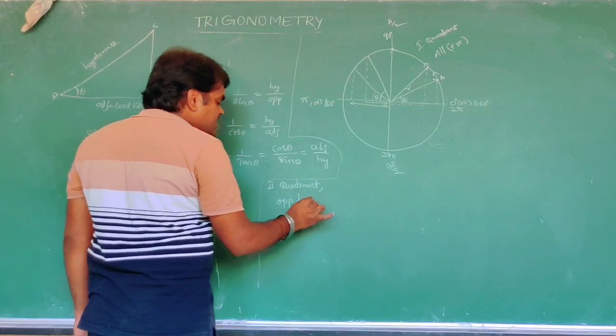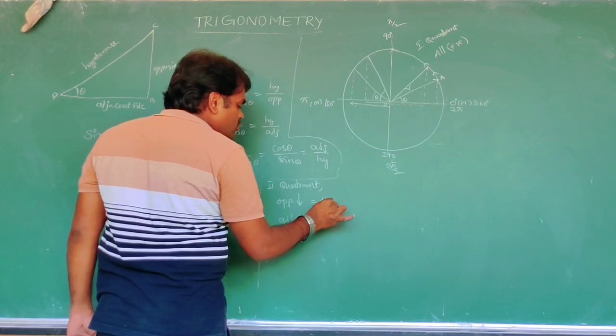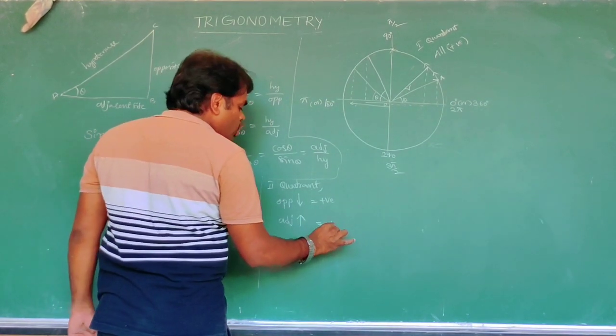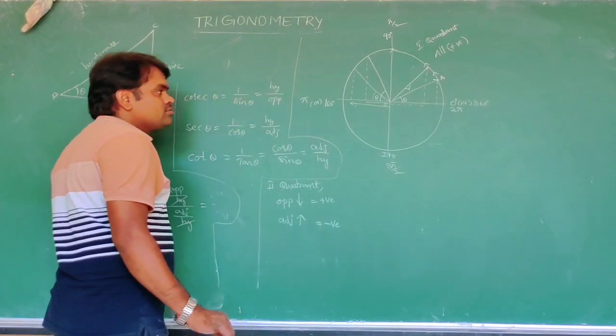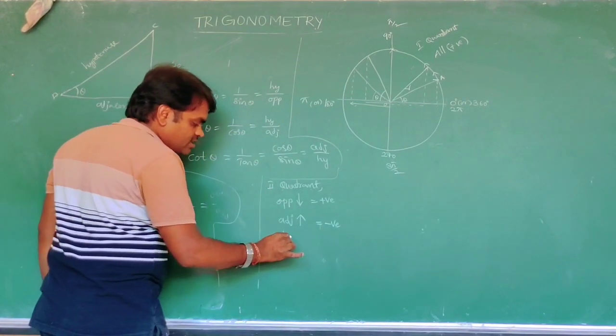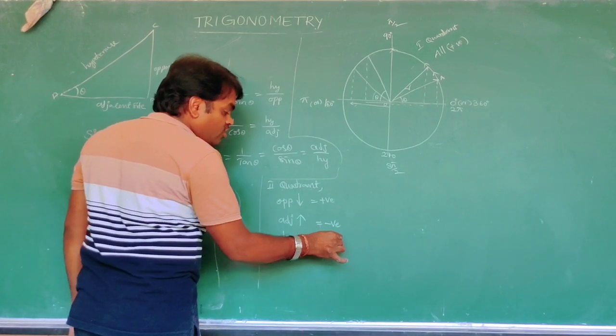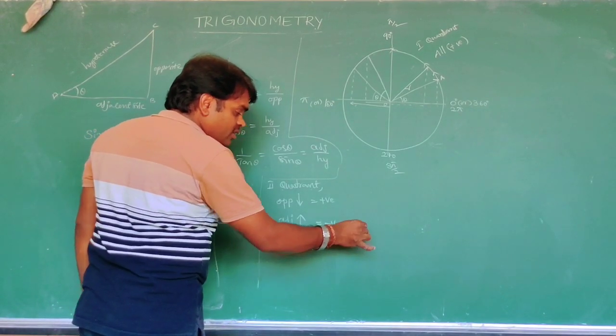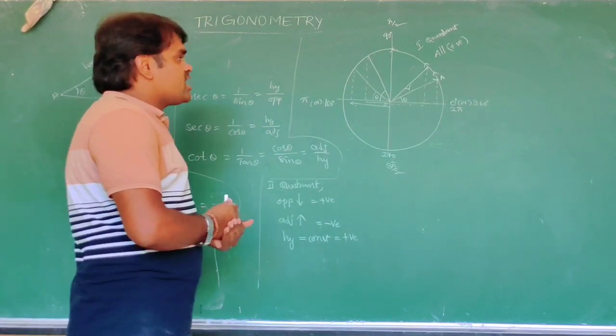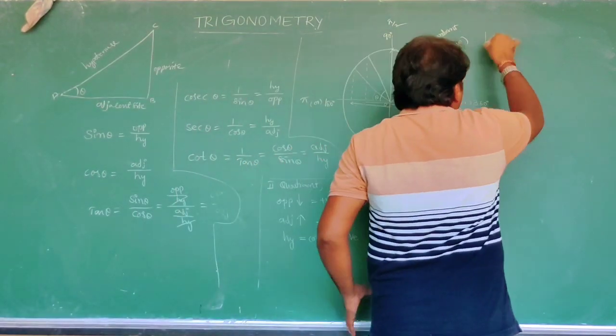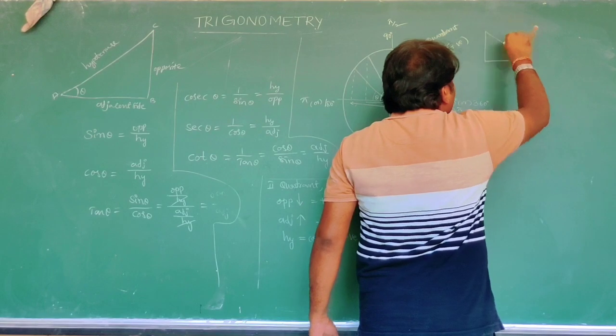But opposite side is a positive value, adjacent side is a negative value. But hypotenuse remains constant and its value remains positive. Why? We know that hypotenuse is always positive.